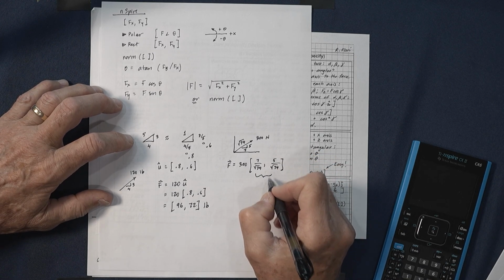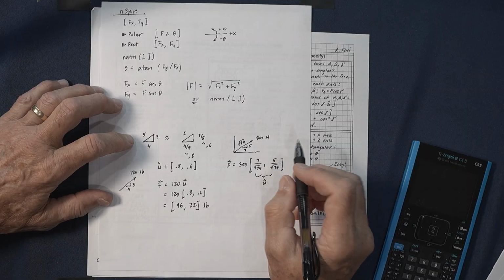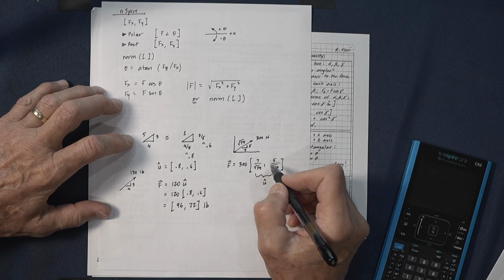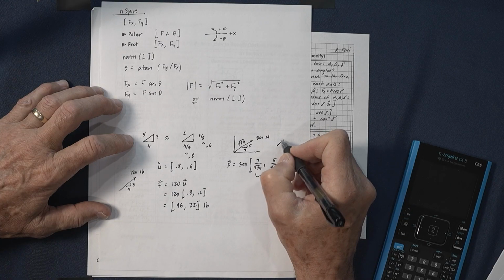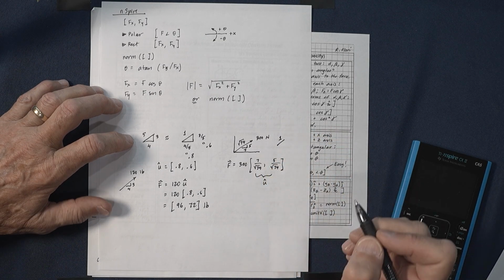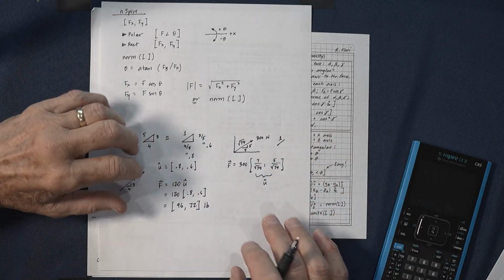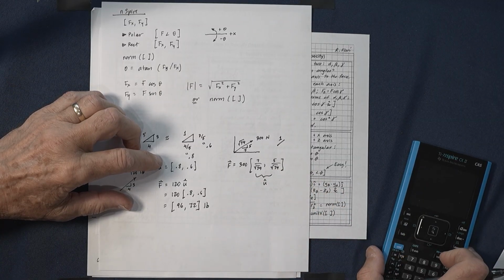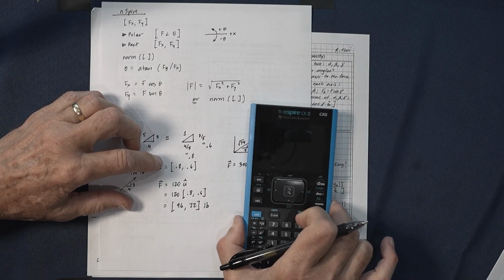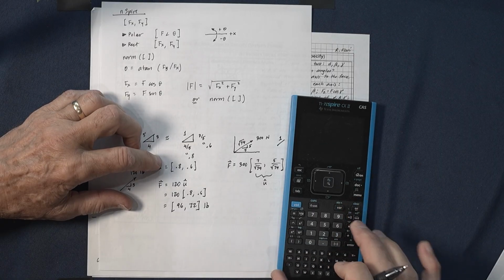And so this is the unit vector for this one, because these are the components which have a length of 1 along that diagonal. You can calculate it this way and work with it that way, but again, it's easier with a calculator.